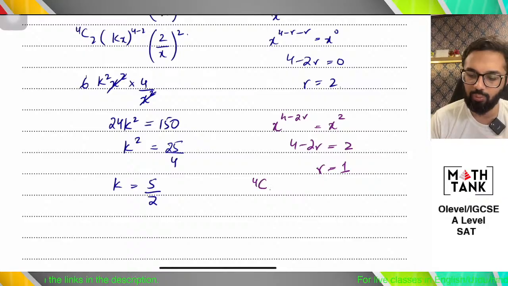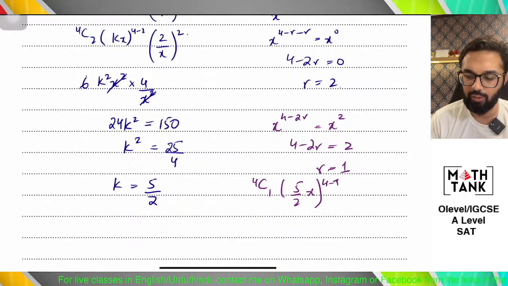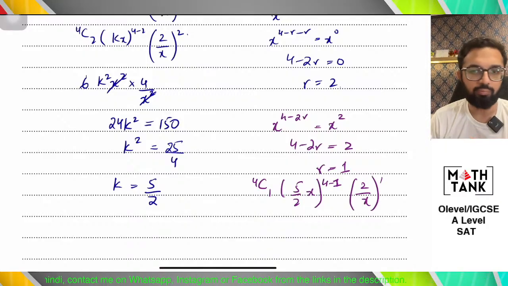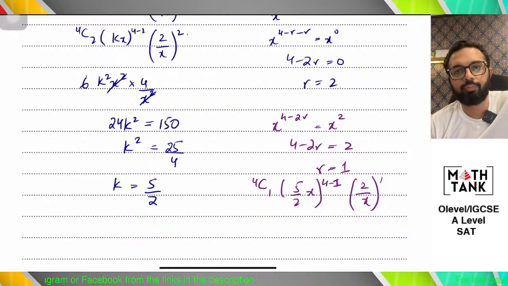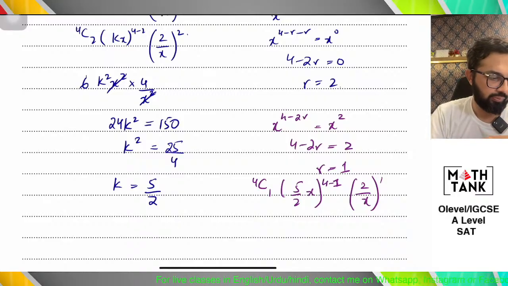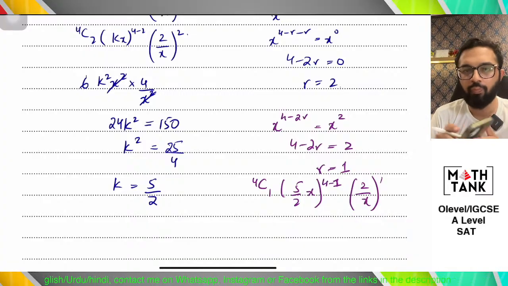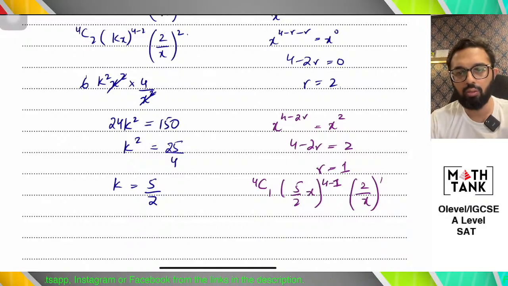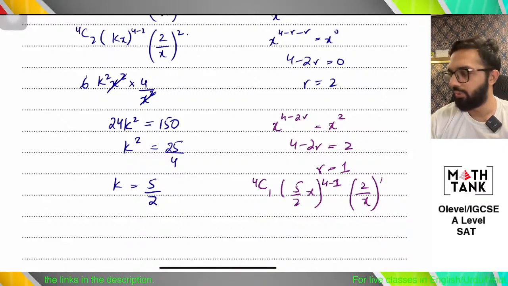Then to find the coefficient, k is 5 over 2: 4C1 (5/2 x)^(4-1) (2/x)^1.